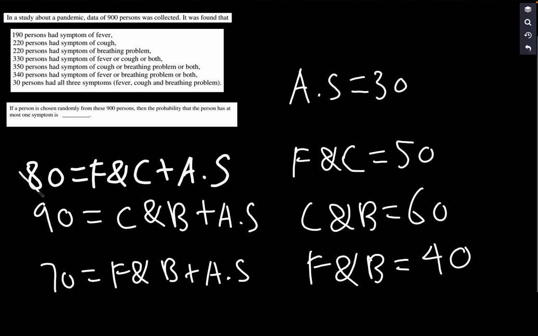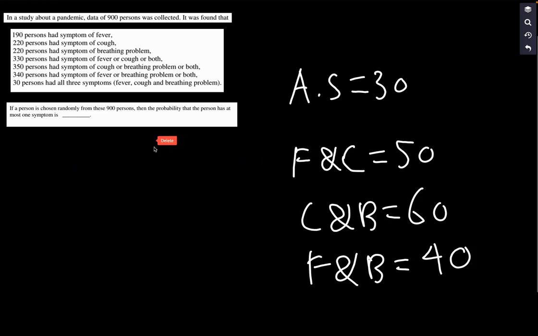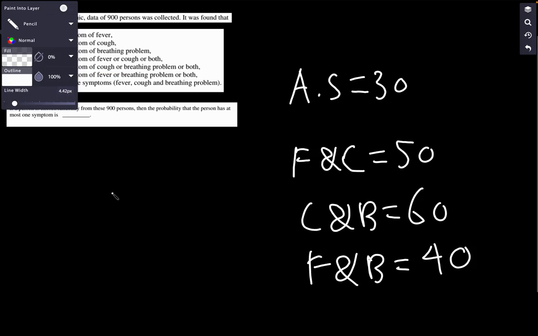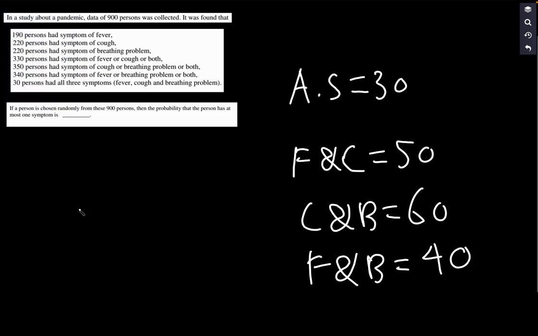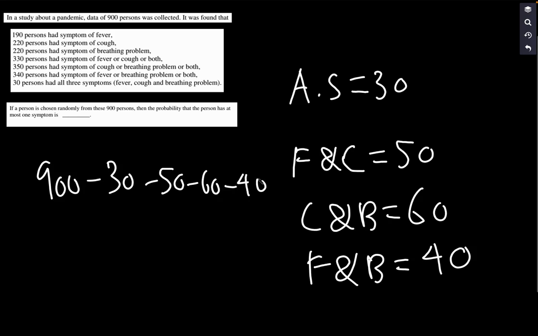Then, in order to get the probability of a person who has at most one symptom, we need to subtract from the total the people who have two or more symptoms, which will be 900 minus 30 minus 50 minus 60 minus 40, over 900.